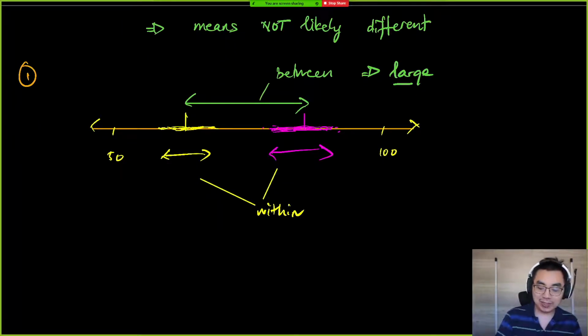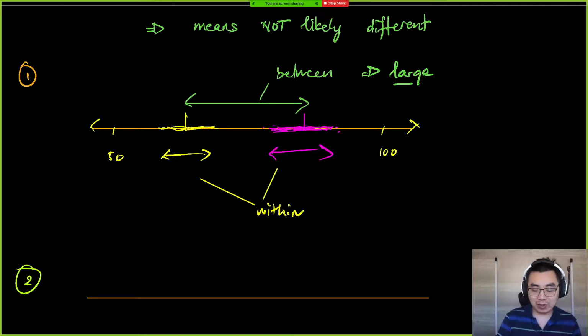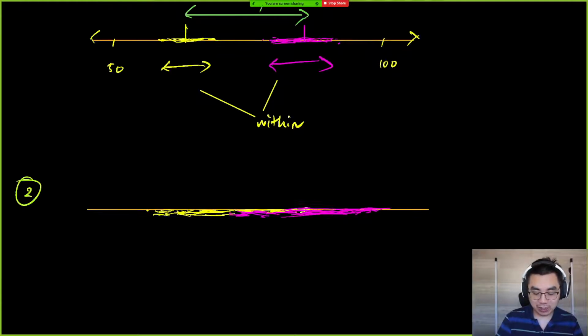Now I'll give you another case, which is case 2, where it's the opposite situation, where the within group variation is larger and the between group variation is relatively small. So you have the first class. In the first class, let's say their marks are something like this. And the second class, let's say their marks are something like this. So therefore the within group variation looks something like this.